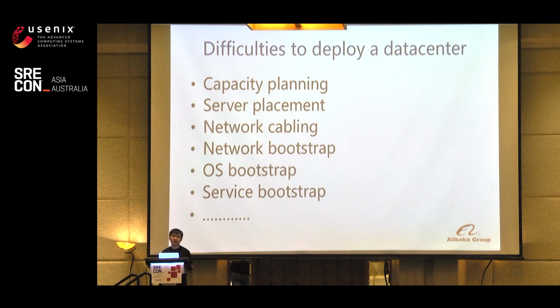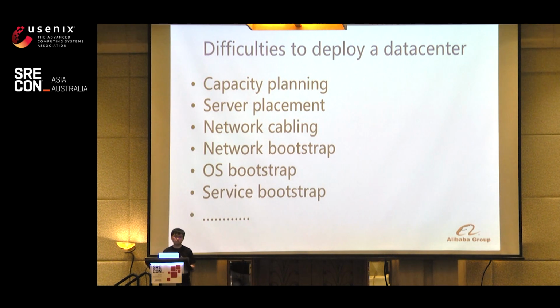First, we need to think about capacity planning. Before we provided cloud service, the capacity planning was quite simple because we just thought about how many workloads we need to provide for our data center. So we just planned how many servers, how many switches, and how many racks we need.